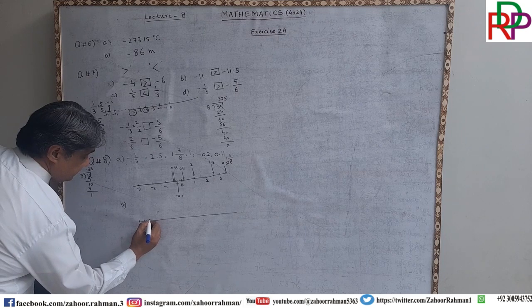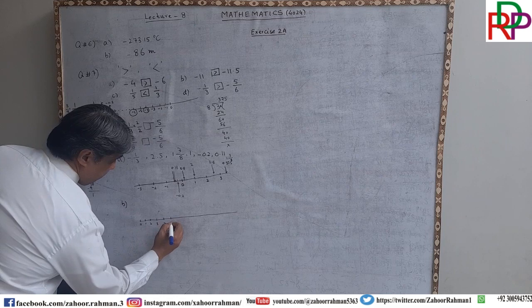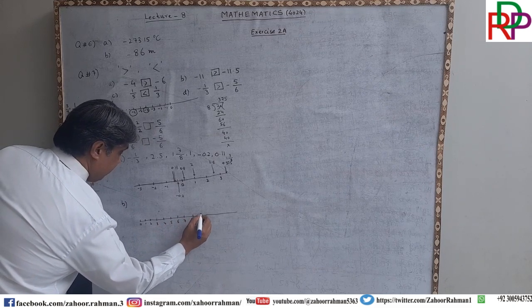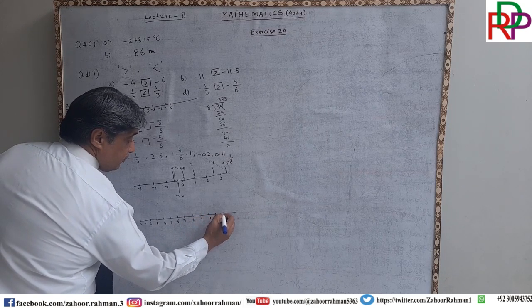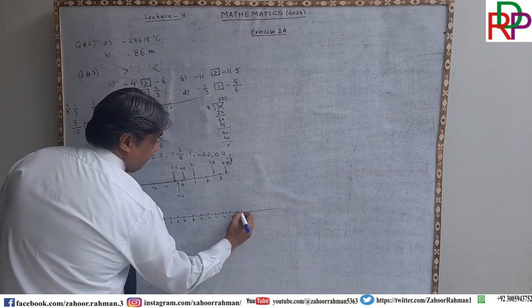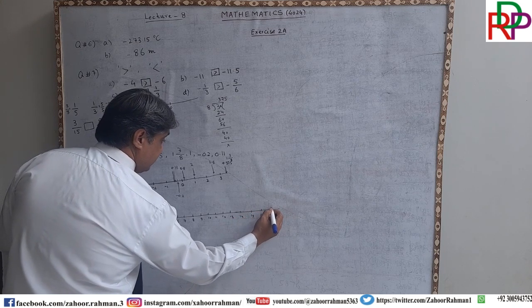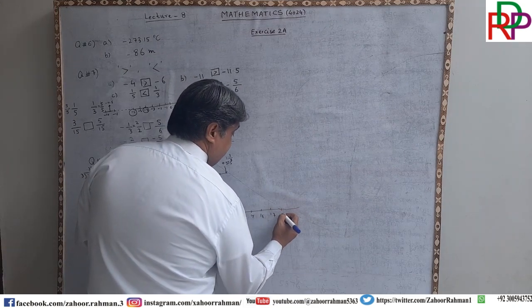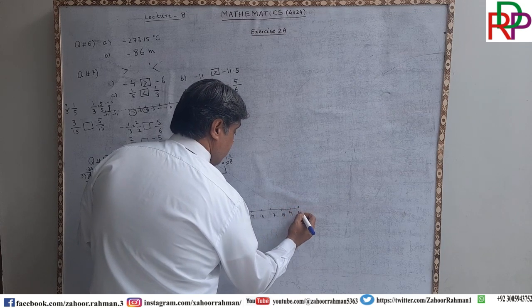This is 1, this is 2, this is 3, 4, 5, 6, 7, 8, 9, 10, 11, 12, 13, and then 14, 15, 16, 17, 18, 19, and then 20.